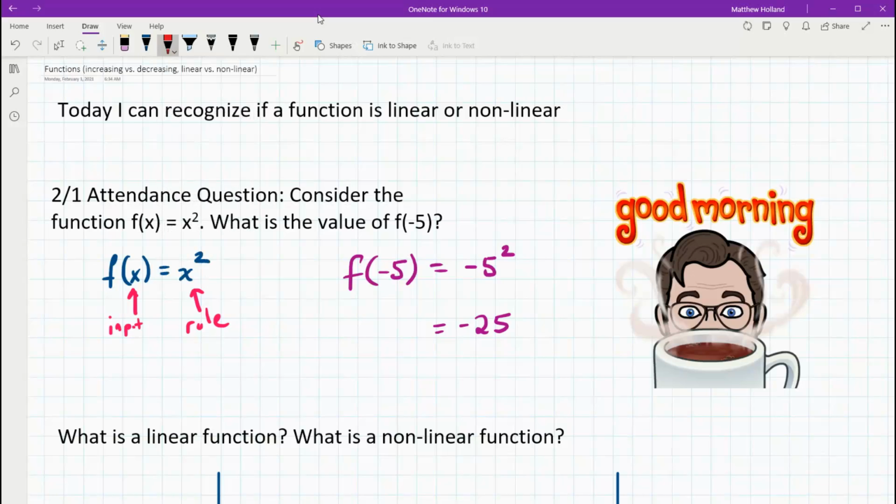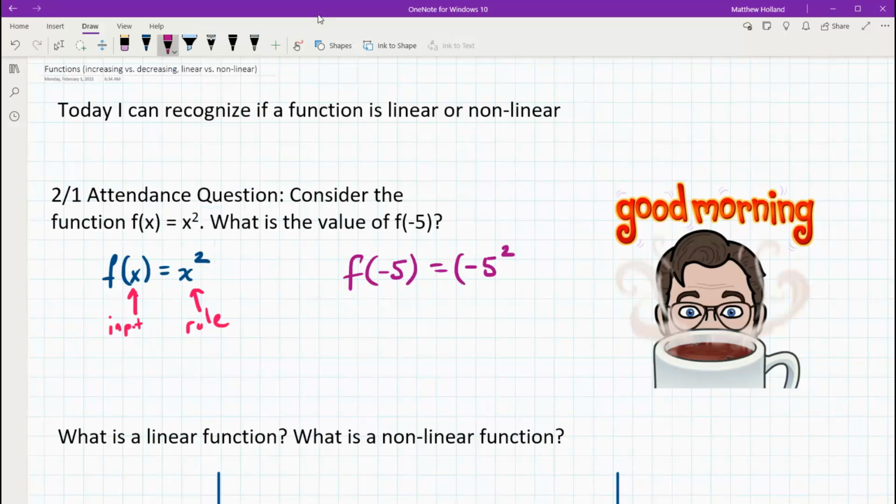And the reason that's wrong is when you're doing order of operations like this, what this really means is take the number 5, square it, and then multiply by a -1, because you would do exponents first before multiplication. What we really want to do to evaluate this is take the number -5.